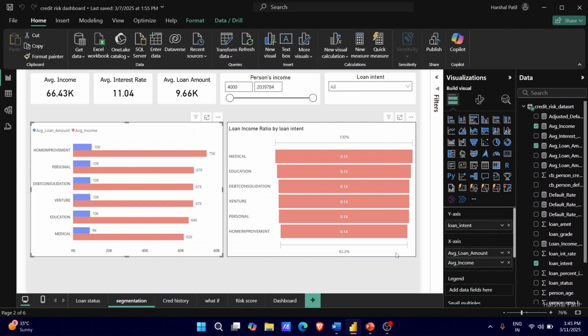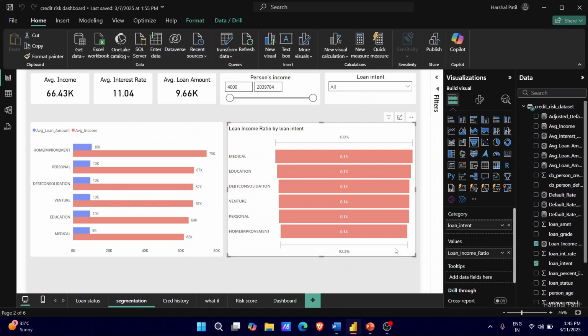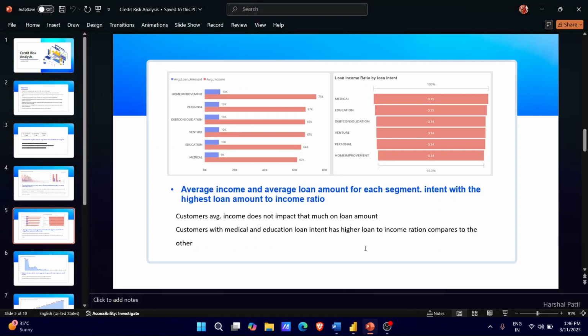And here we have the loan income ratio by loan intent, where we have loan intent and the loan income ratio in the values. And from that, we found that the customer's average income does not impact the loan amount that much. Customers with medical and education loan intent have a higher loan to income ratio compared to the others.